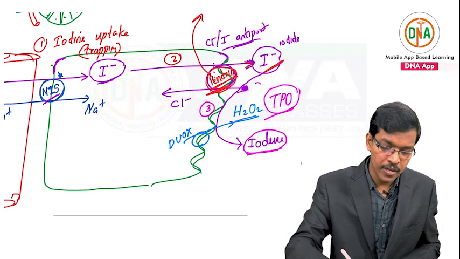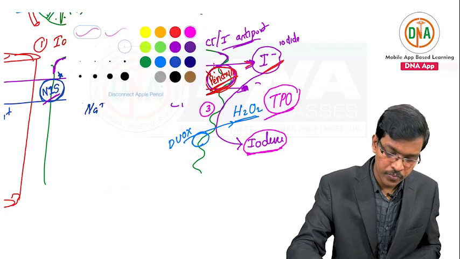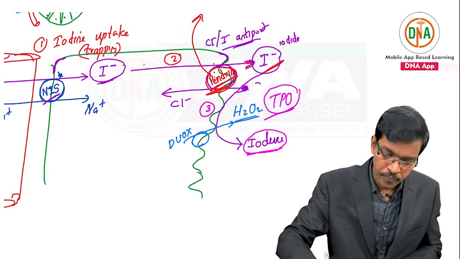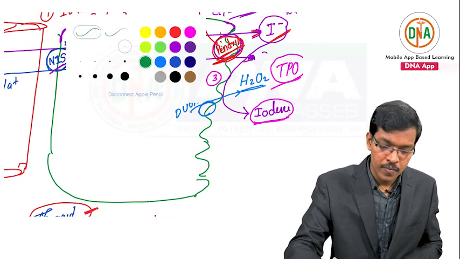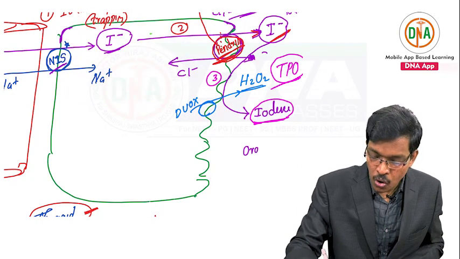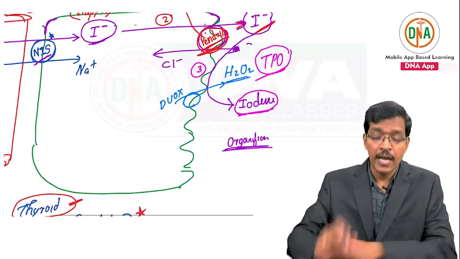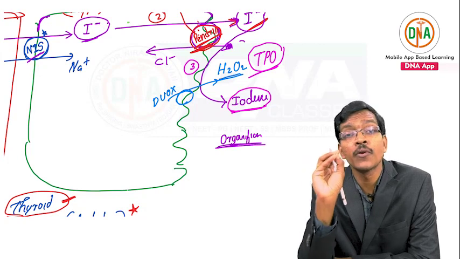The next step in the thyroid hormone synthesis is what is known as organification. So, what is organification? This iodine will be added to tyrosine residues of thyroglobulin.